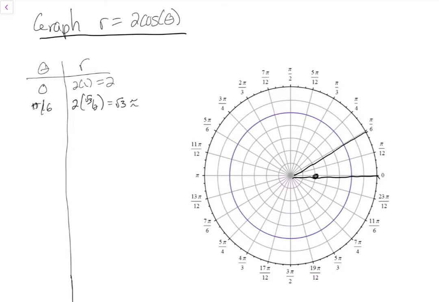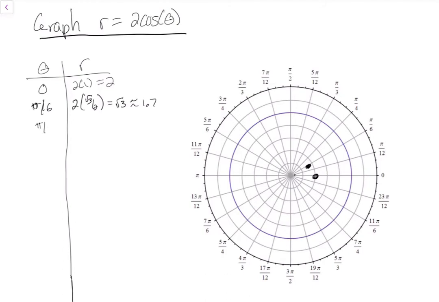If I plug that in a calculator, that's about 1.7. So I'm going to go on my line that I just drew, my angle measure, and go about 1.7. Now keep in mind, these angles that I just drew aren't really a part of my graph.